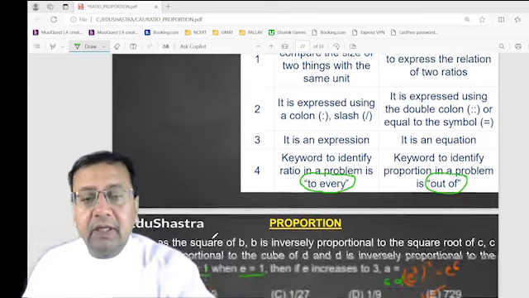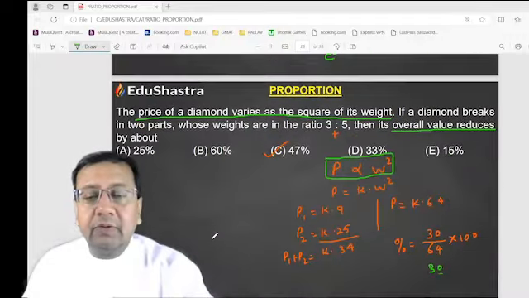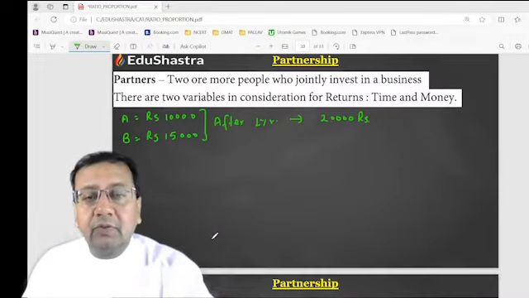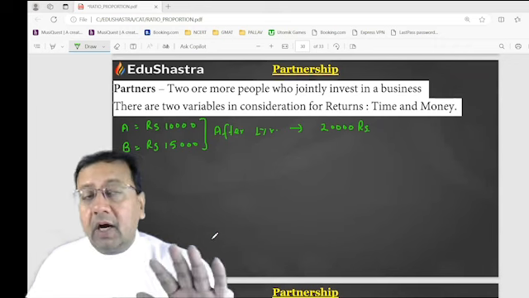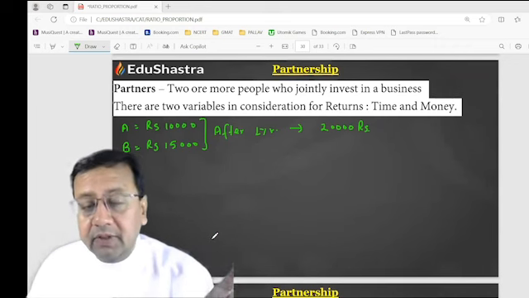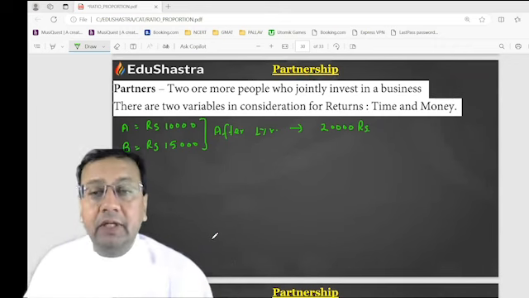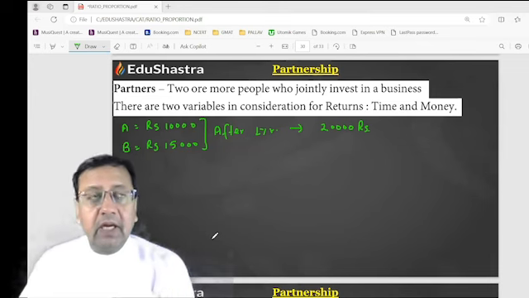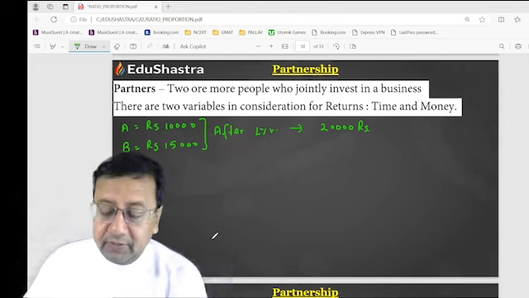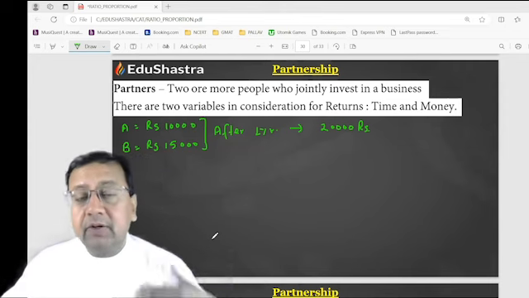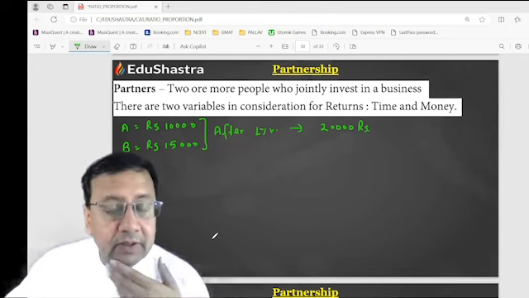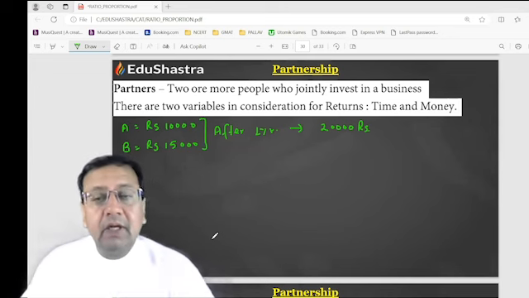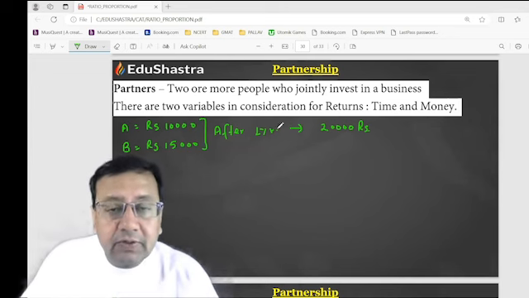So if I say there is a total profit of 20,000, what will I ask you? Out of 20,000, how much will A get? This is particularly a proportion. And in a proportion, as we have discussed, there must be something constant. So here, what is constant? The time duration.